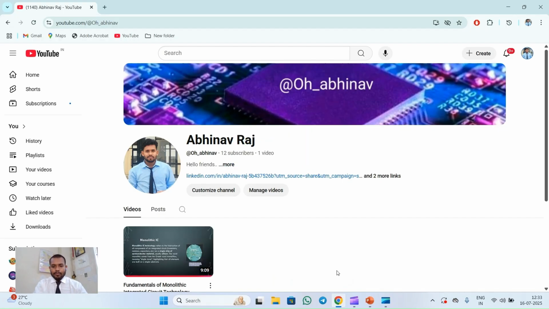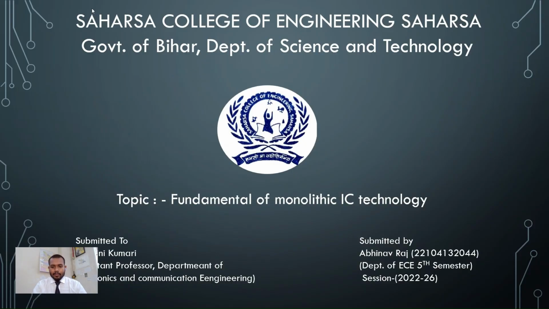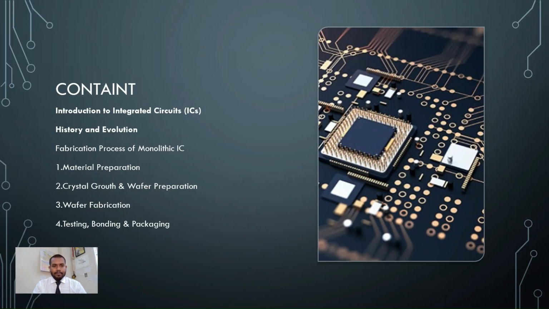Today we will discuss the presentation on fundamentals of monolithic IC technology. In this presentation, we will cover the following topics: introduction to integrated circuits (ICs), history and evolution, and fabrication process of monolithic IC, which has four types of process.